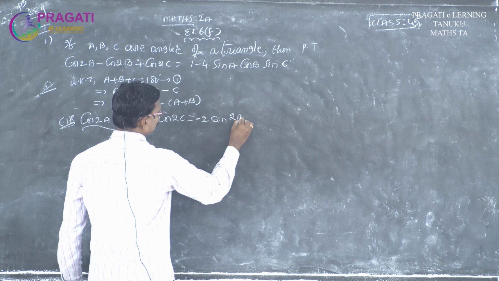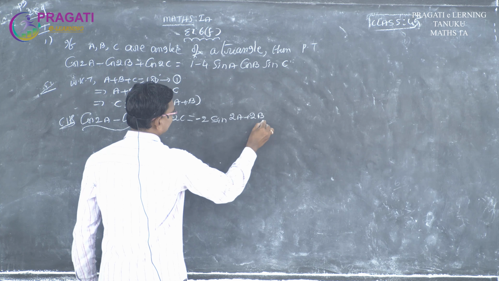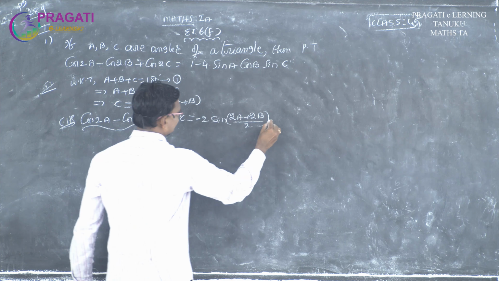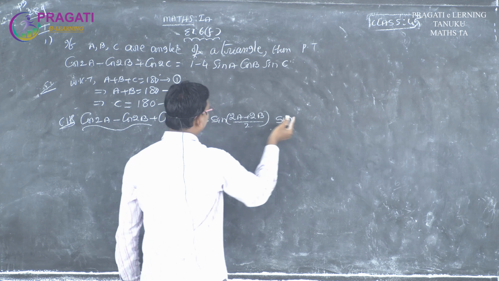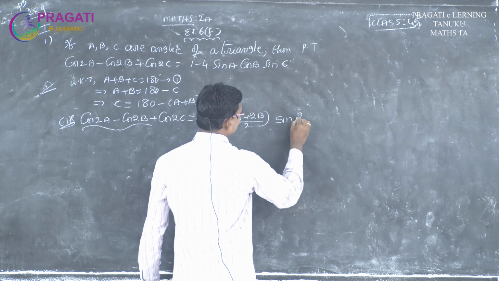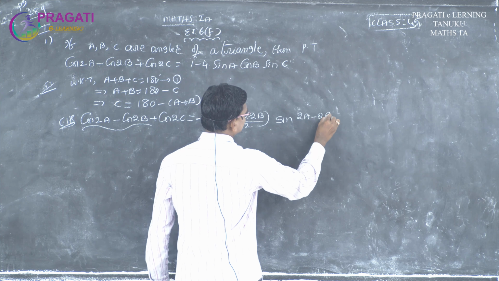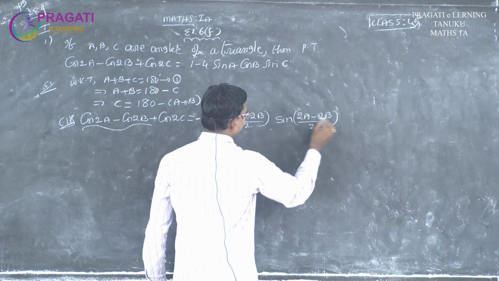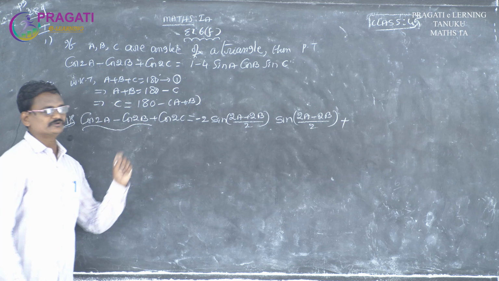That means minus 2 sin of (2A plus 2B) by 2 into sin of (2A minus 2B) by 2, plus cos 2C.